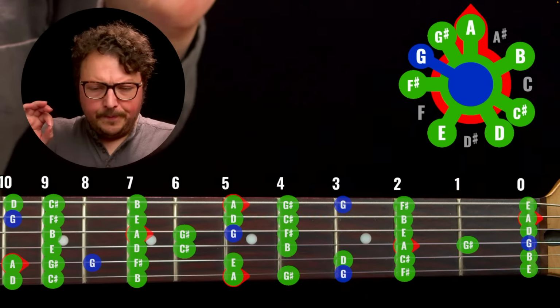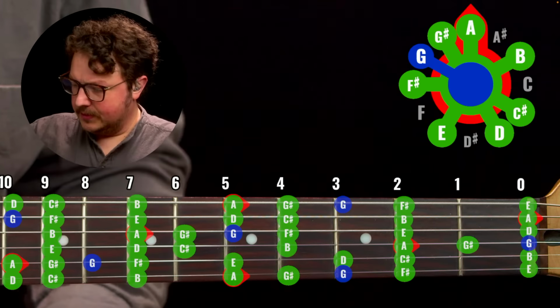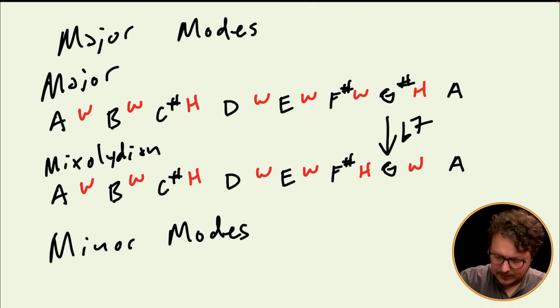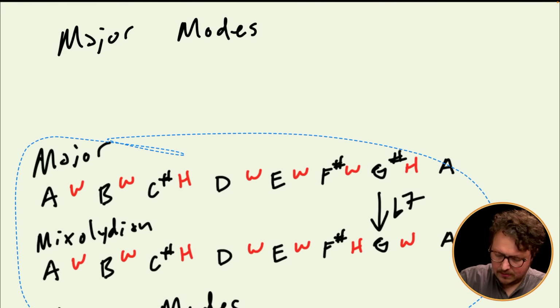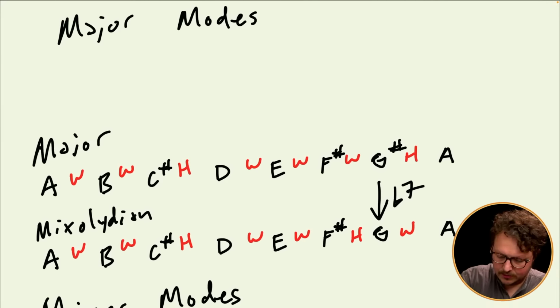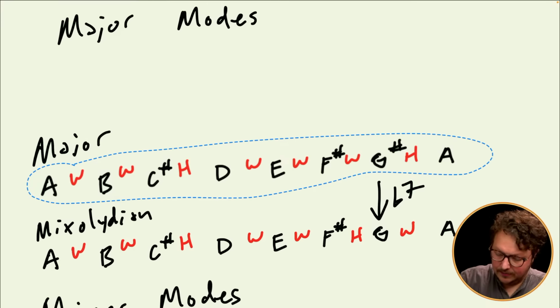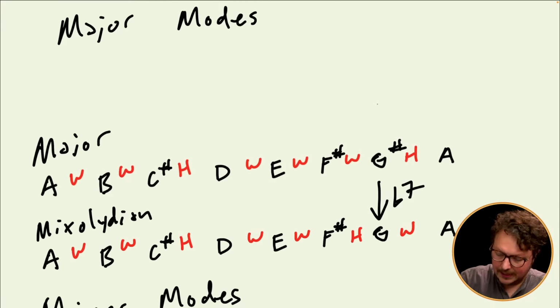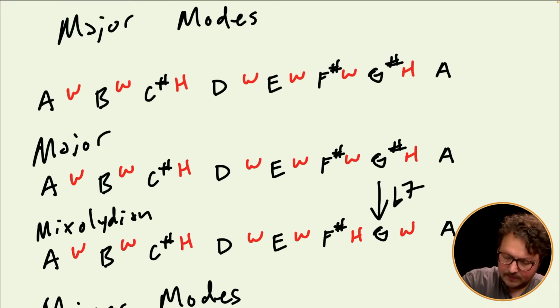So now, what about Lydian? Part of the reason I wanted to format this a certain way is because I want this major scale in the middle, because I want to show you the Lydian scale also only has one note different from a major scale.